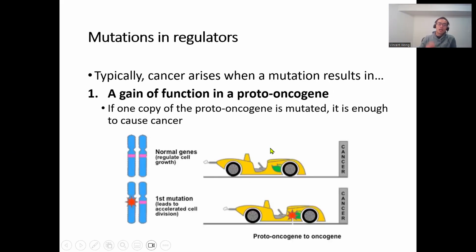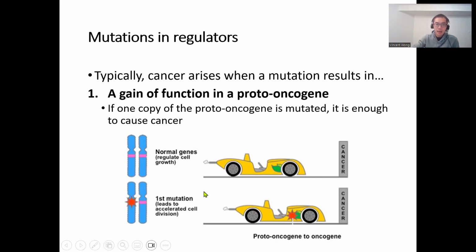So the kind of mutations that we have in proto-oncogene is called gain of function mutation. Gain of function mutation means that it's permanently switched on. That's basically what it means. Okay, permanently turned on.